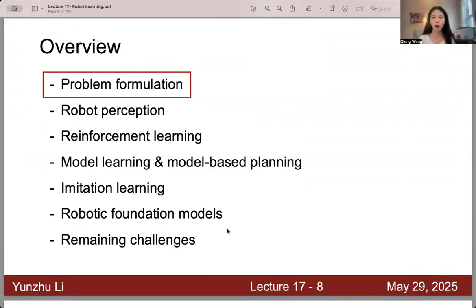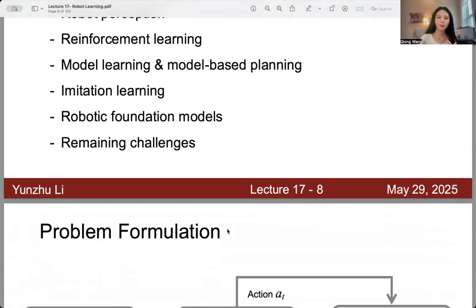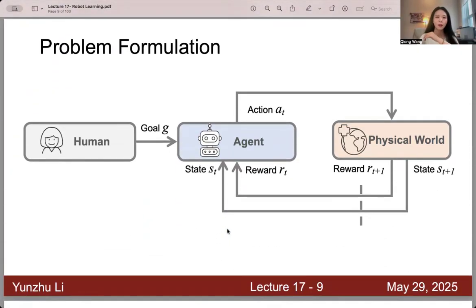This is the overview of today's topic, and we will focus on 7 questions. First, let us focus on the problem formulation. This is the graph of the formulation.